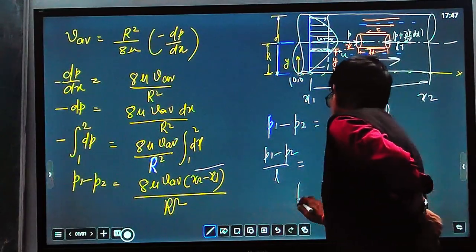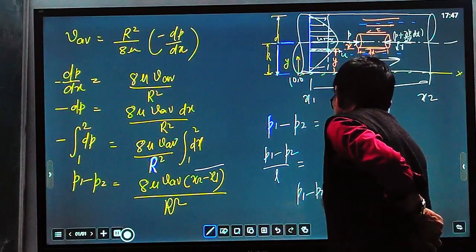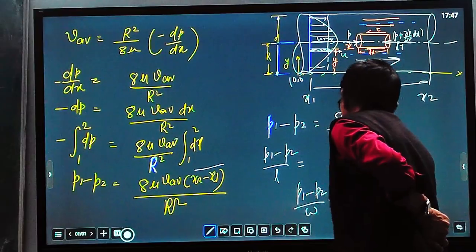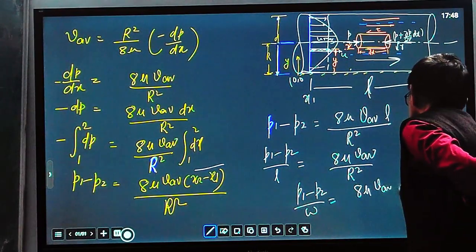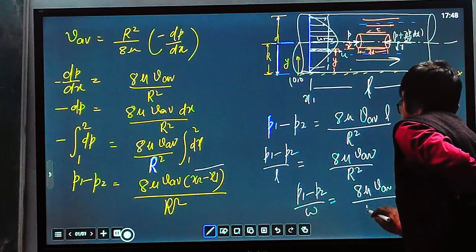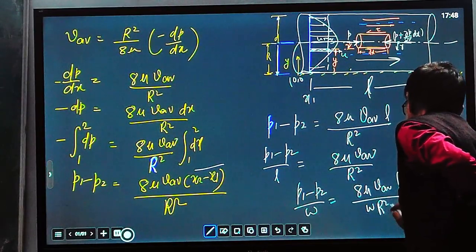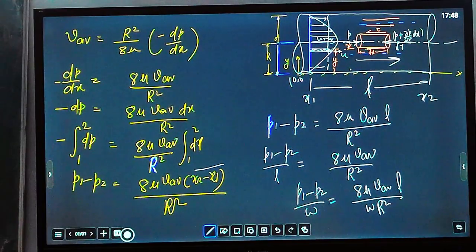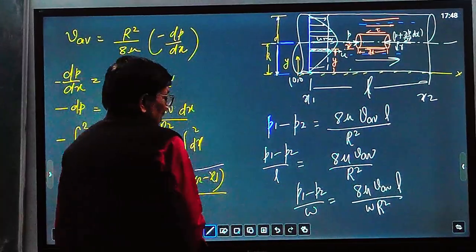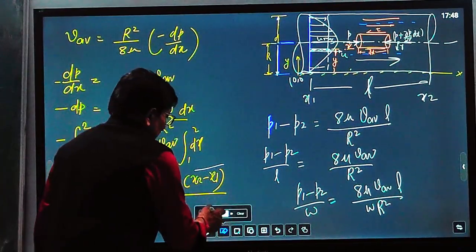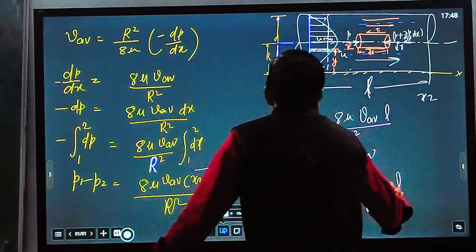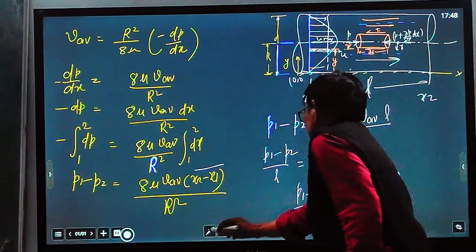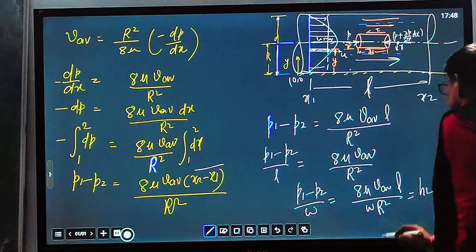So (P1 minus P2) upon omega equals 8 mu V average L upon omega R squared. We can also write the equation in terms of the discharge rate. This is equal to HL, the total head loss.